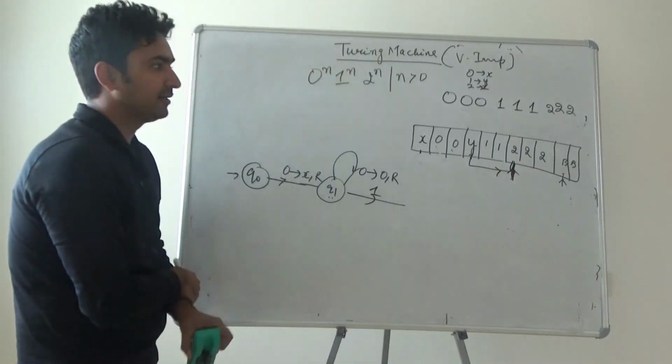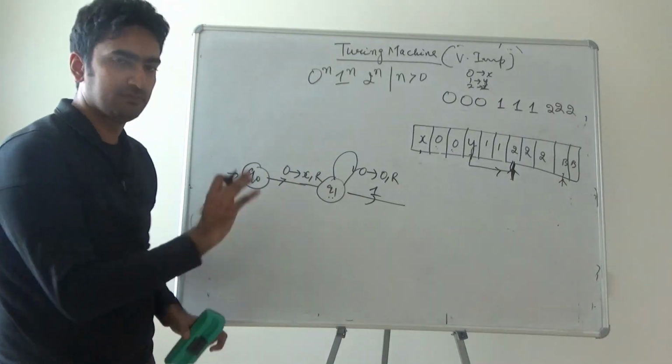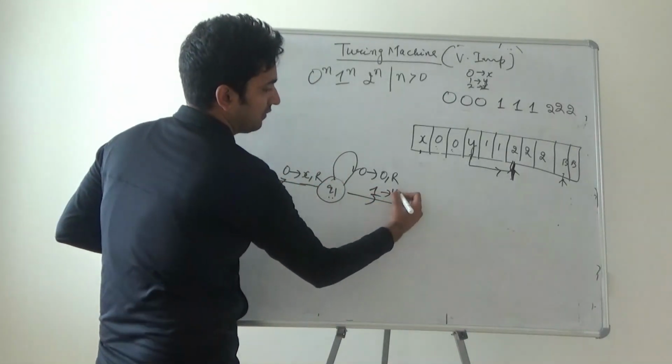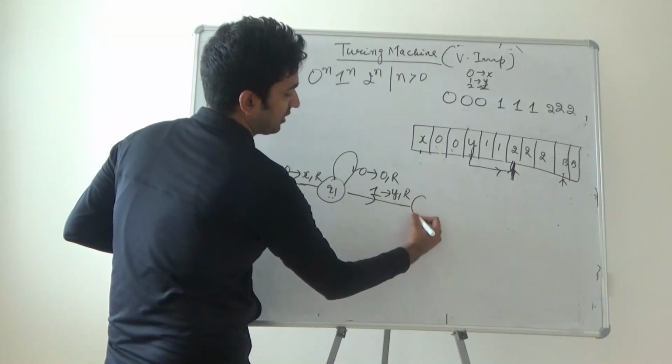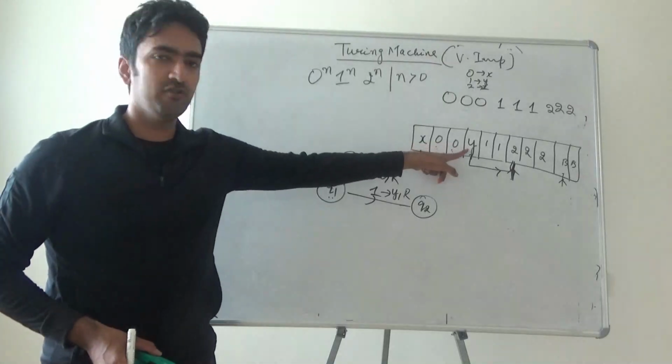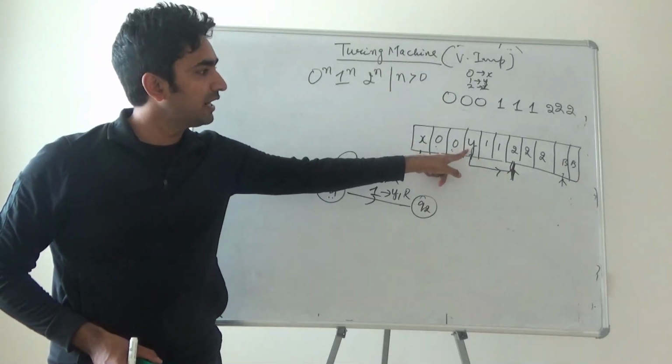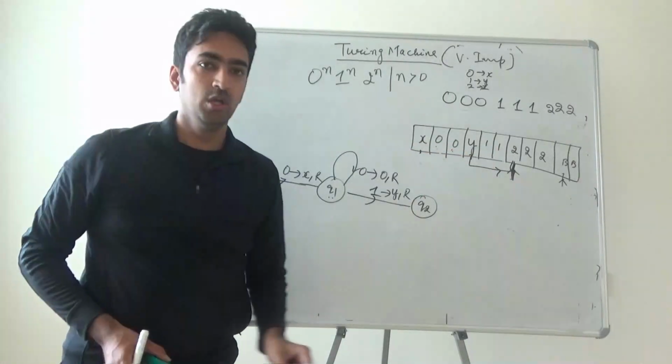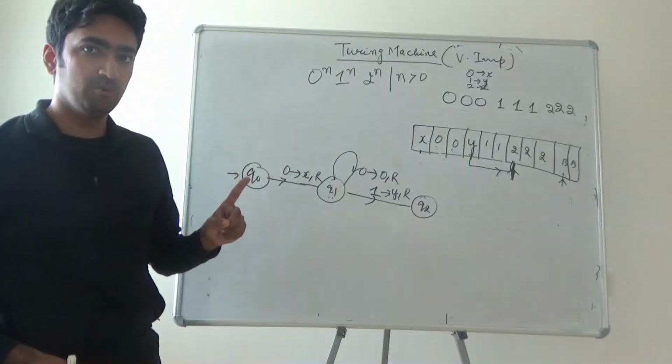So 2 is the target. So 1 is reached, 1 is converted to y, and we are moving in the right direction, q2, right? So 1 over here changes to y and we are moving towards q2. We are moving to 2.